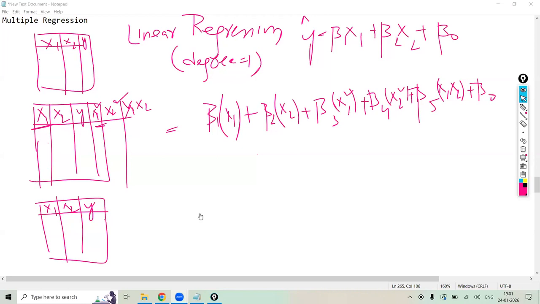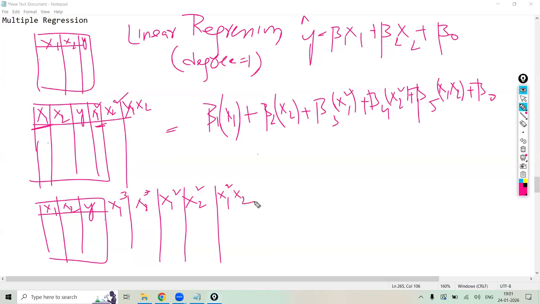Observe clearly. First, x1 cube, x2 cube, x1 square, x2 square. Okay. x1 square into x2. That is a combination of 3, right? A combination of 3.